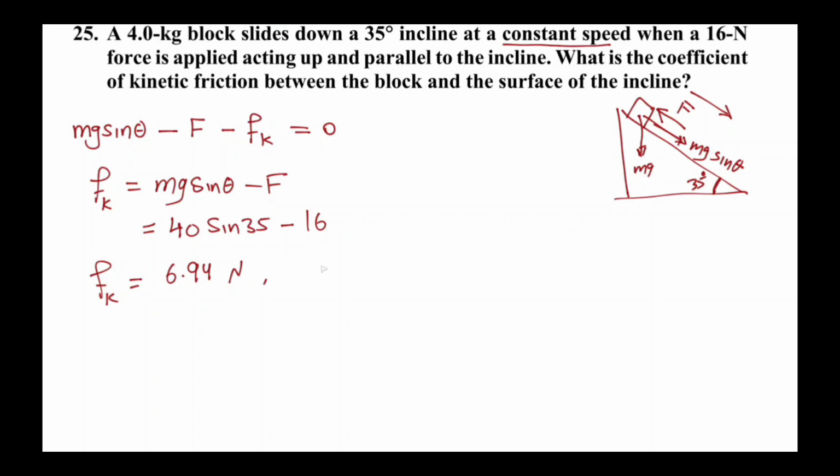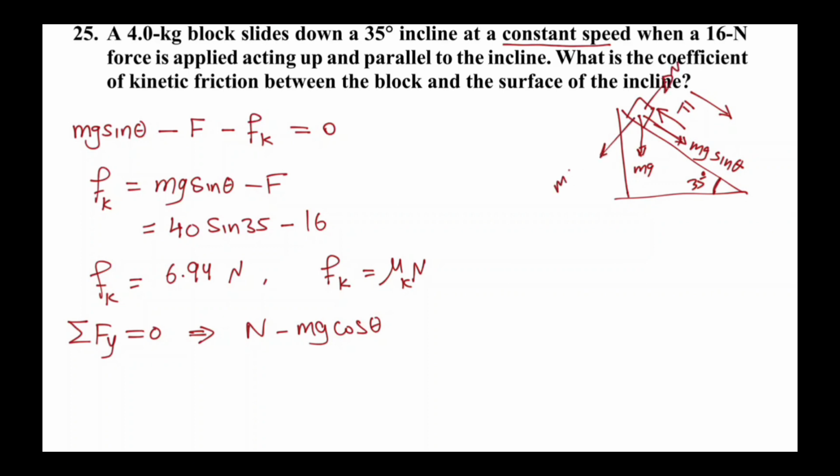And remember, fk here is equal to mu k N. Now to find the normal, let's use the sum of all forces on y equals 0, and in this case the normal minus mg cosine theta. This is the normal and this is the mg cosine theta equals 0.